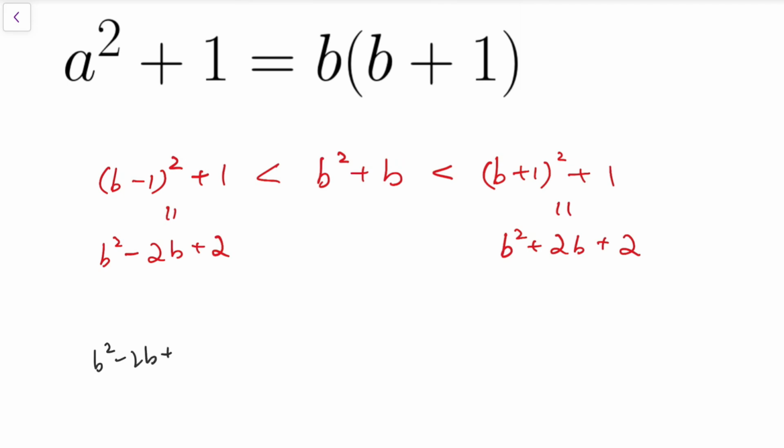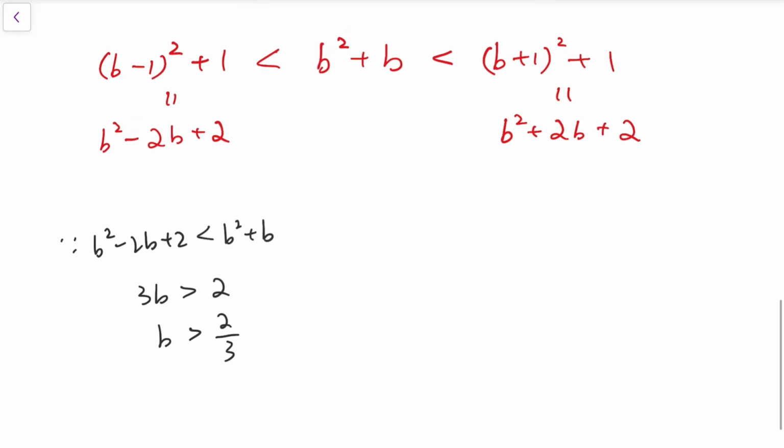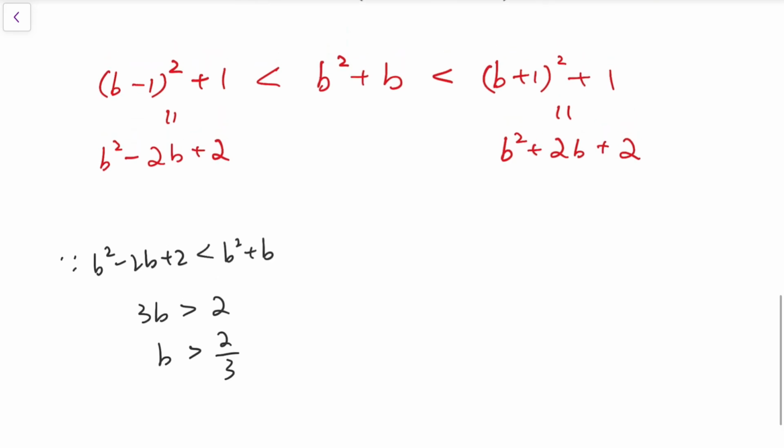Because if we try to solve this inequality, it's actually equivalent to 3b larger than 2. So this inequality holds whenever b is larger than 2/3. Because we are talking about positive integers b, that means this inequality has to hold all the time.